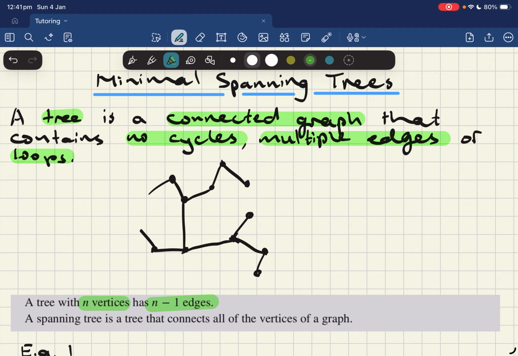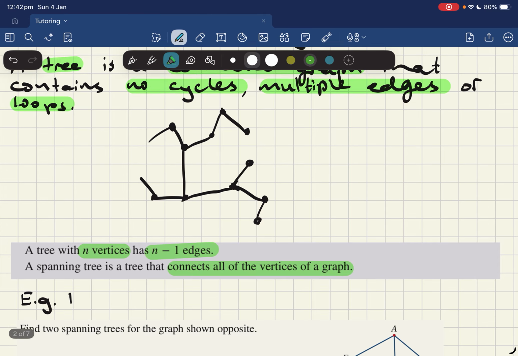So there'll always be one less edge than the number of vertices in the network diagram or the tree. Now, a specific spanning tree: the point of drawing a spanning tree is to connect all of the vertices of a graph. We're going to talk about minimal spanning trees a lot more in the next video, but just think of a spanning tree as a tree that connects all of the vertices of a graph.